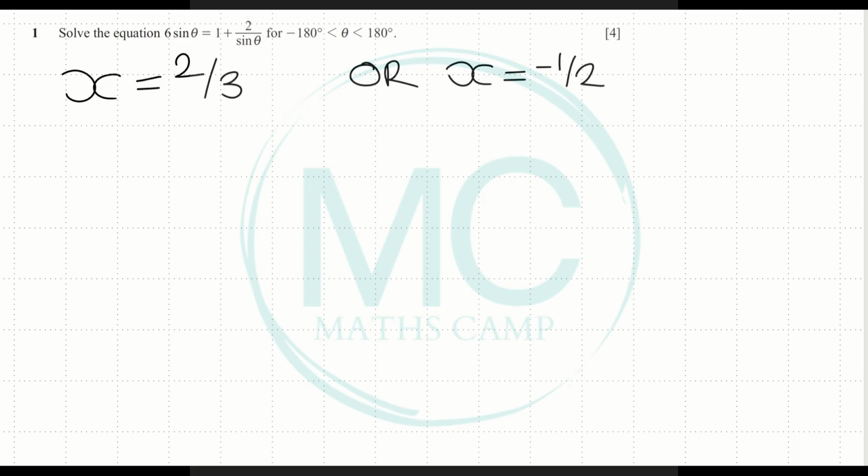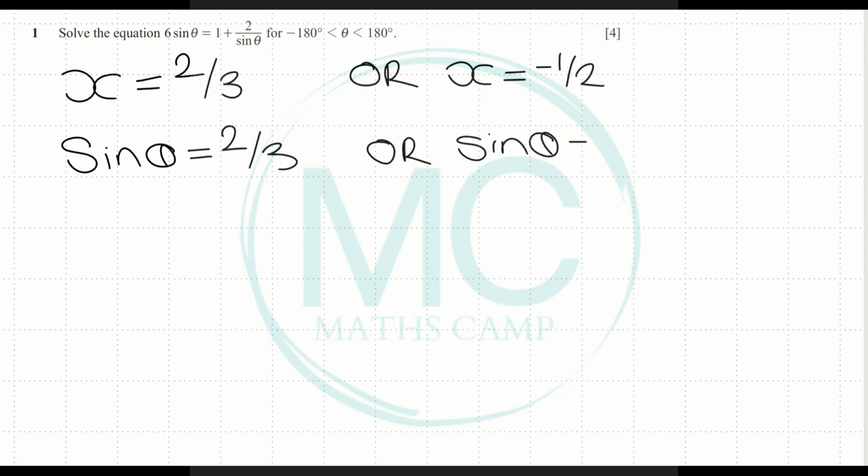But remember, we are not solving for x. We are solving for sine theta. So now, instead of x, we can say sine theta is equal to 2 over 3, or sine theta is equal to negative 1 over 2.